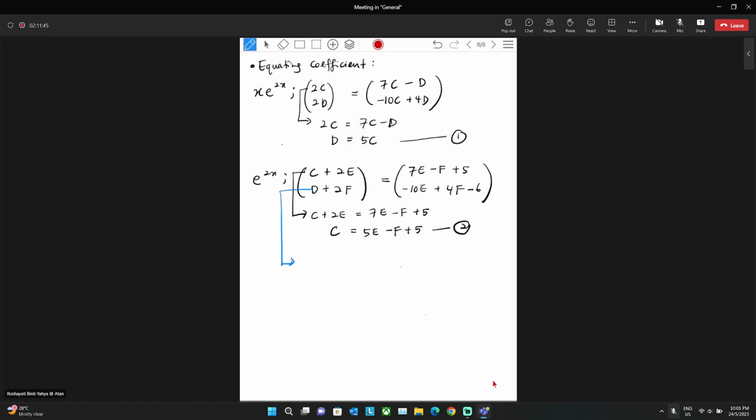Right? So D plus 2F equal to minus 10E plus 4F minus 6.